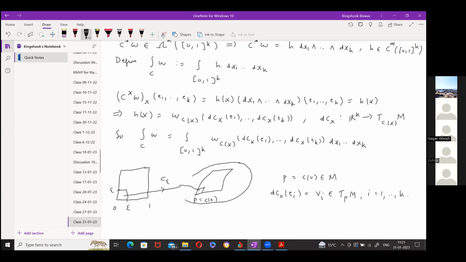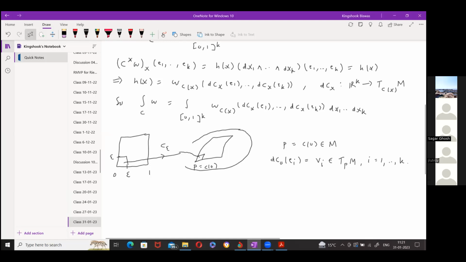Then this small cube is going to have sides which, for epsilon small, are approximated by the vectors epsilon v_i.